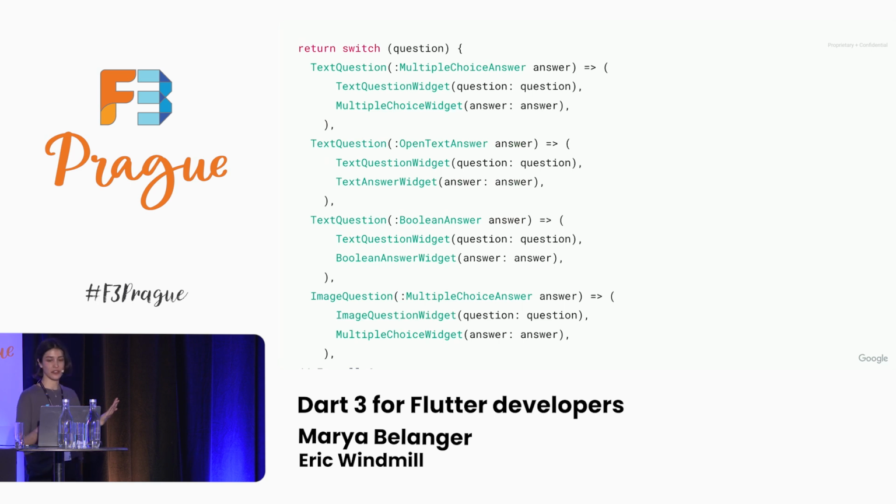So then we use that destructured answer property plus the question object we're switching over and instantiate the widgets associated with those types. So for example, if text question Boolean answer matched, then we instantiate our text question widget and our Boolean answer widget.